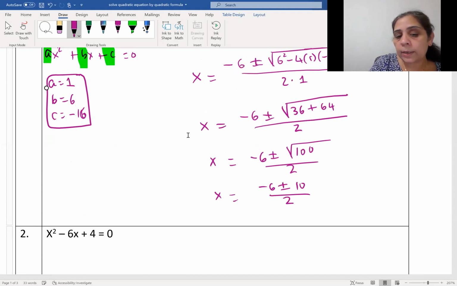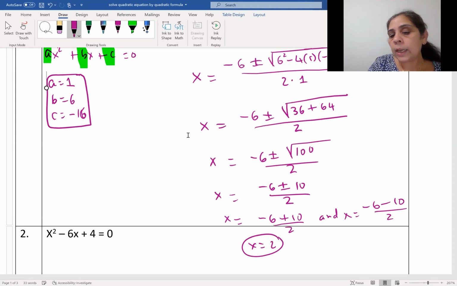We have plus or minus. So we can write x equals negative 6 plus 10 divided by 2, and x equals negative 6 minus 10 over 2. So negative 6 plus 10 is 4, and 4 divided by 2 is 2. And here negative 6 minus 10 is negative 16, divided by 2 is negative 8.